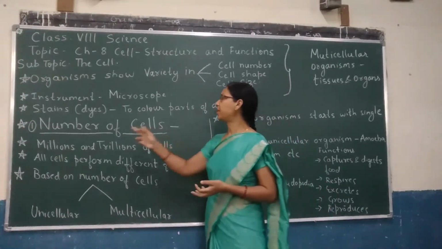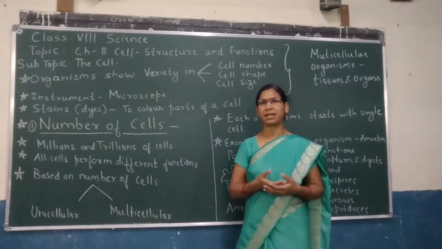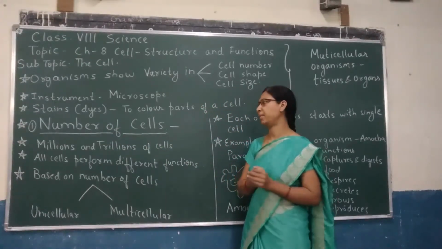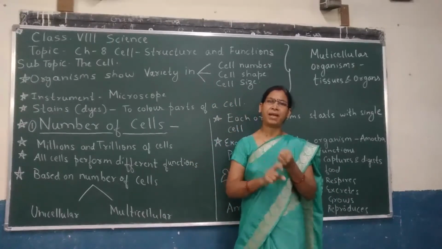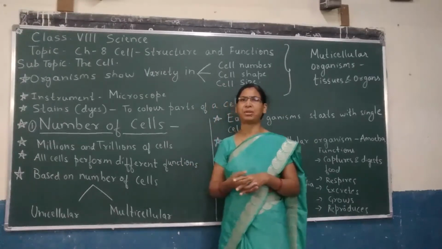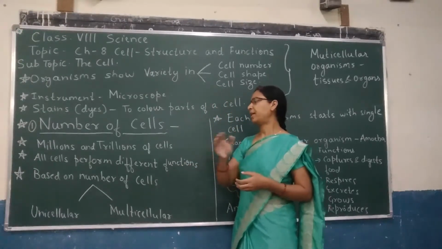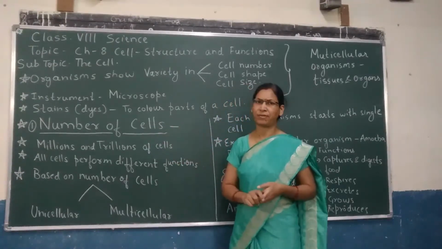Let us start with the number of cells, that is, how many cells are found in an organism. If we take the example of elephant, tree, human being, amoeba, paramecium, etc., they range from a few to millions and billions of cells.